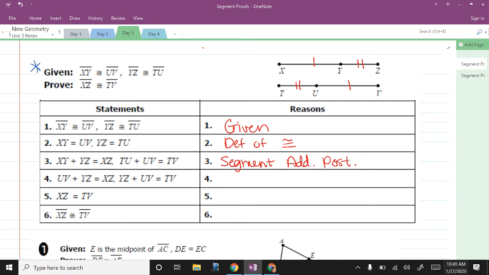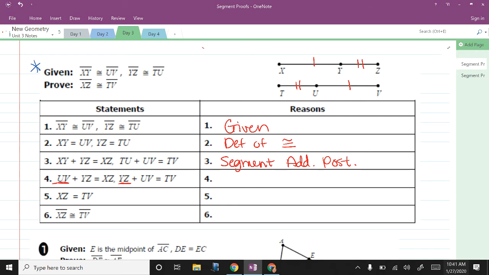Okay, so then they went from step 3 to step 4. What's different between step 3 and step 4? Well, this looks different, right? And this looks different, right? Was there something above that told me that those two are equal and I can swap it? This one went from XY to UV, but didn't step 2 tell me those two were equal? Y'all see that?